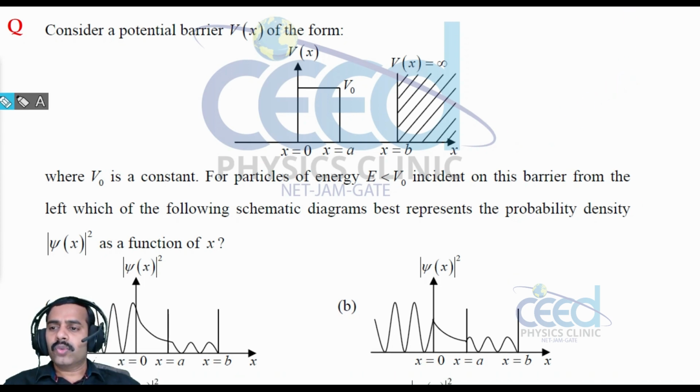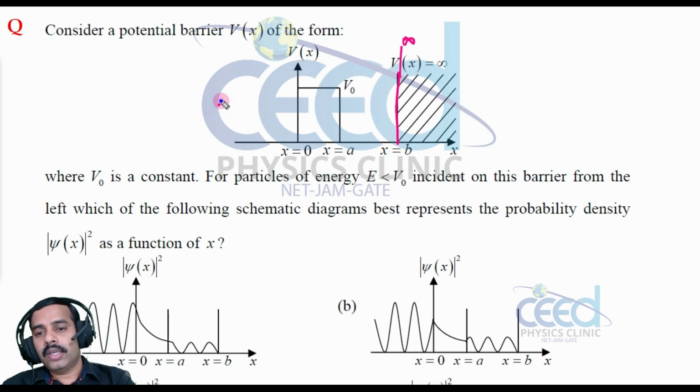In this question, at x equal to b there is an infinite barrier, so the wave never crosses this region. Suppose a wave comes in with an energy E less than V0.